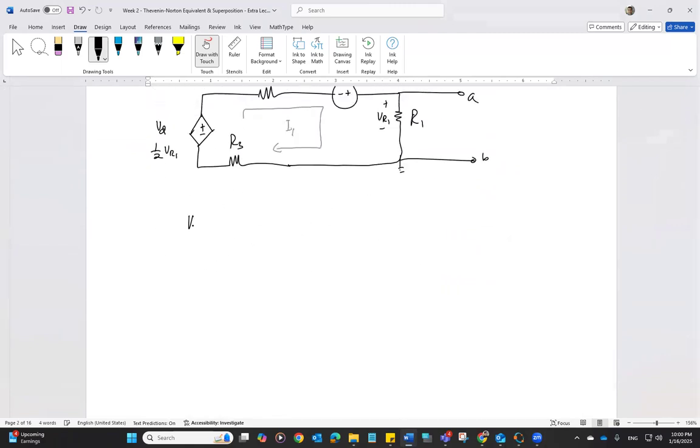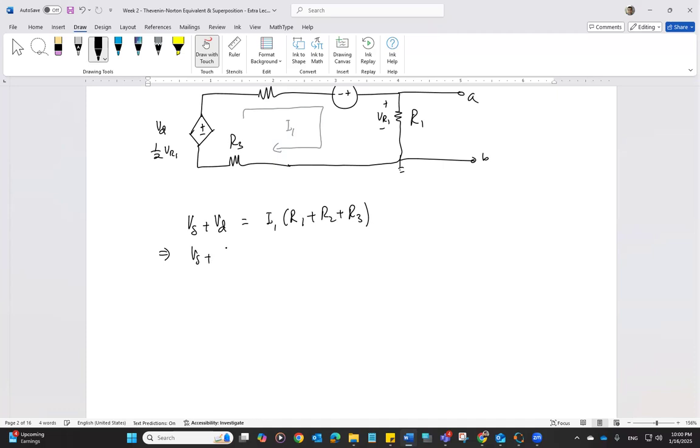So once again, Vs plus Vd equals I1 times (R1 plus R2 plus R3). And in this case, Vd is simply half of VR1. VR1 will be I times R1.